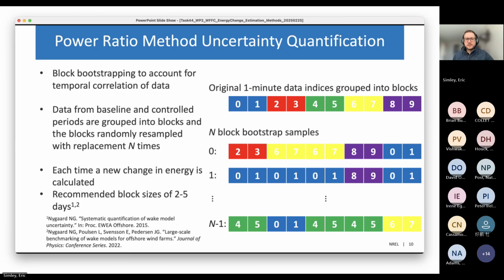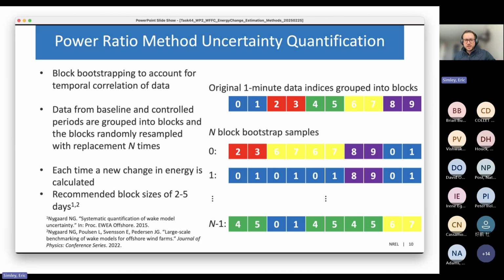Right. Yeah, so I don't know, for the change in energy computation, I don't think it would. It wouldn't matter what order the samples are within a block. For this second block, the red block, it could be 3 and then 2, and that wouldn't affect our results.